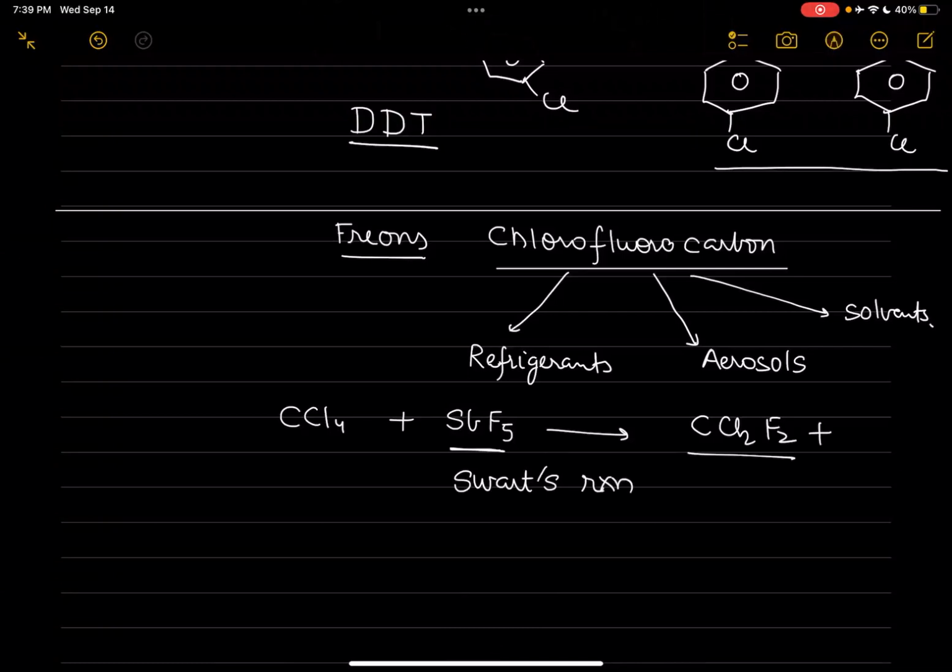This we studied in the beginning of this chapter, so you can go through it, it is given in the NCERT also. So this is the chlorofluorocarbon, means carbon has chlorine and fluorine. And this is freon, the common name is freon, right?